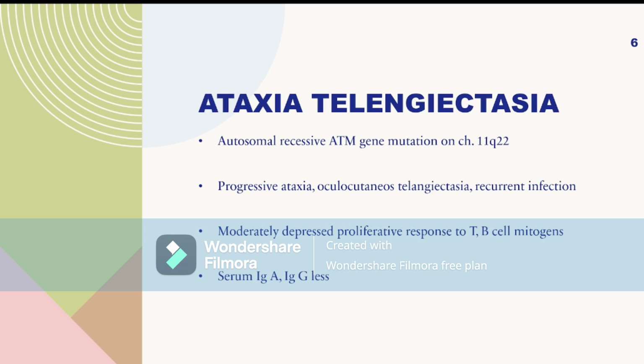Now come to ataxia telangiectasia. It is an autosomal recessive disorder in which the ATM gene is mutated, and the mutation is seen in chromosome 11q22.